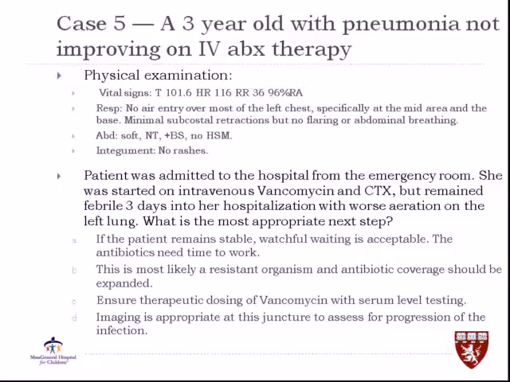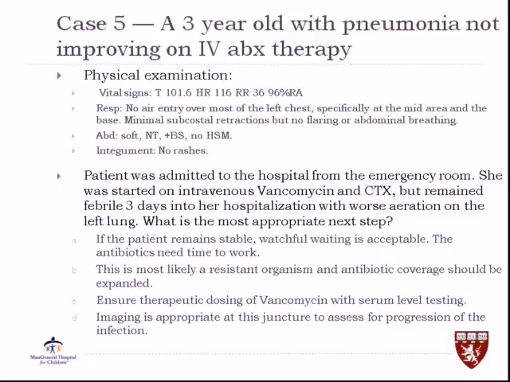Her clinical examination at the time of admission showed a temperature of 101, so febrile, and her lungs were noted for decreased air entry over the left chest. The mid-area and the base were actually fairly silent, with no air movement noted. There were some subcostal retractions, but no significant respiratory distress and no abdominal breathing.